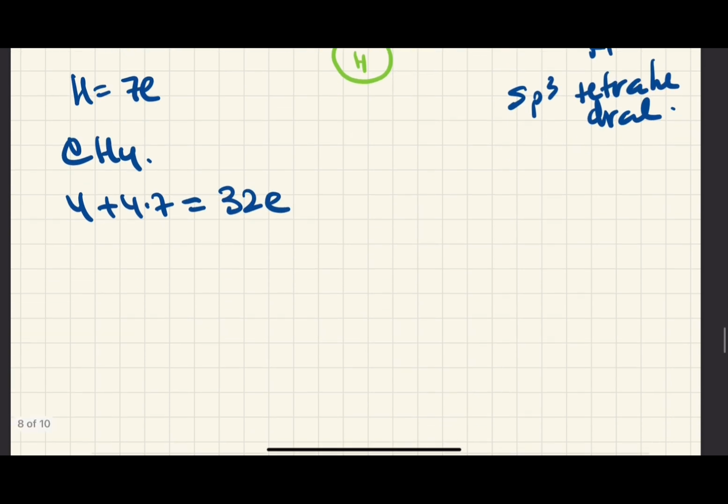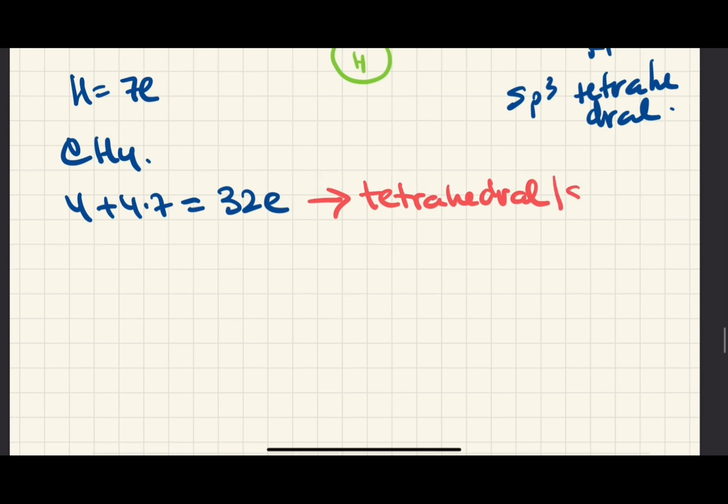Now you will remember, whenever you have 32 electrons, it is tetrahedral, the hybridization is sp3, and the bond angle is 109.5.